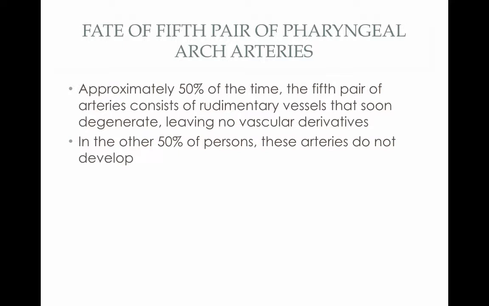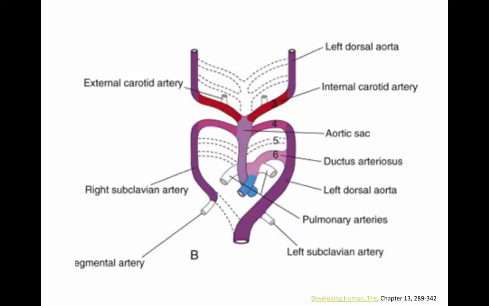And in the other 50% of people, the fifth pair of arches really don't develop at all. So they either develop and then degenerate, or they don't develop at all. So again, this would be where the fifth would be, right? So if they do form, they then degenerate. Okay.